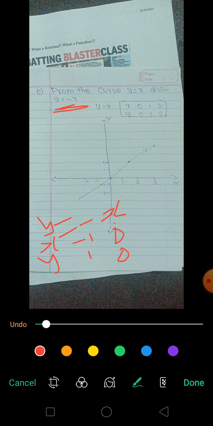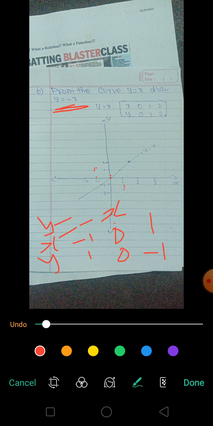And then if I put 1 in the place of x, you will get minus 1. So minus 1 plus 1, 0 0, 1 minus 1. So minus 1, plus 1, the point will be here. Then 0 comma 0 is the origin, we know that. And then 1 comma minus 1 is here.